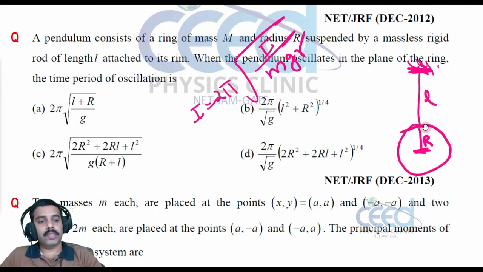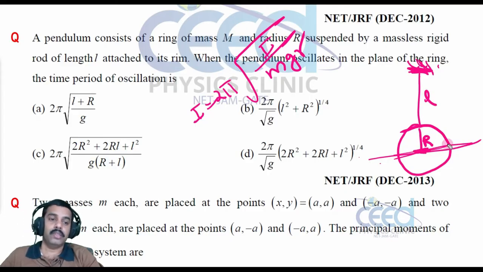That is the moment of inertia through this axis, right? So it is rotating like this, so about the diameter it is m R square plus, right? It is a ring, right? What is the moment of inertia?